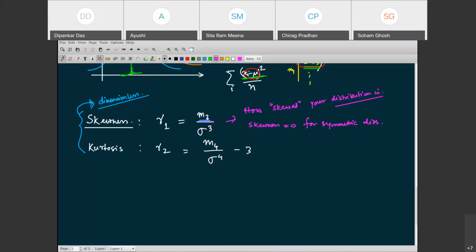Okay, so that is what skewness gives you. And the kurtosis, this is a bit more involved.